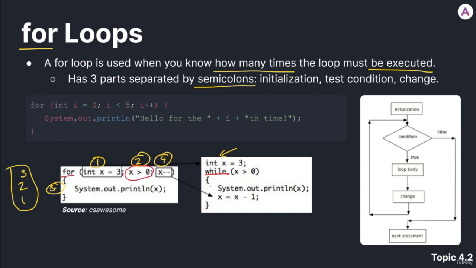Then we have the line of code, and then we have x equals x minus 1, which is the same as x minus minus. So you can see all three parts of the for loop are at different places of the while loop. This can give you a sort of mental understanding of how the while loop and for loop are similar.